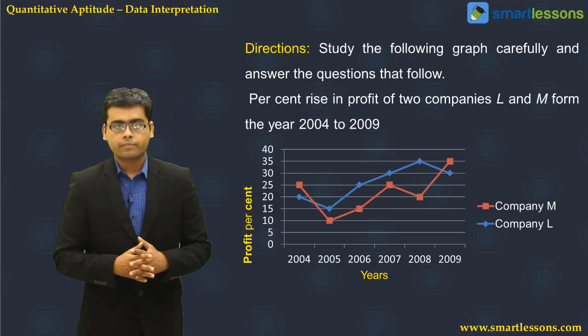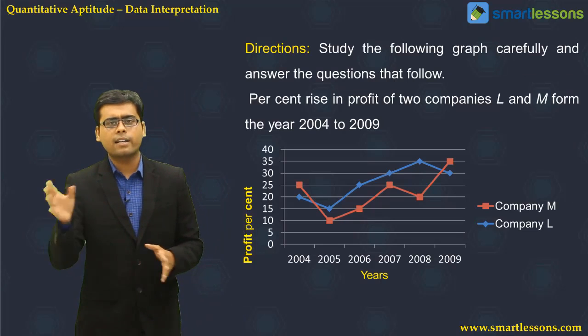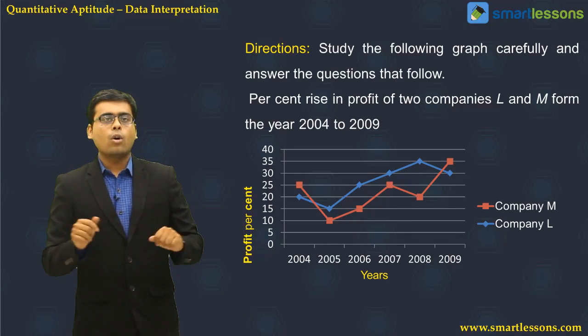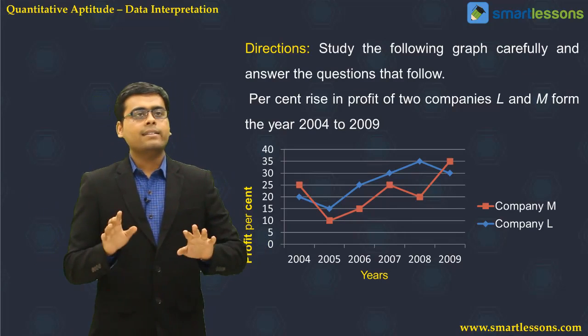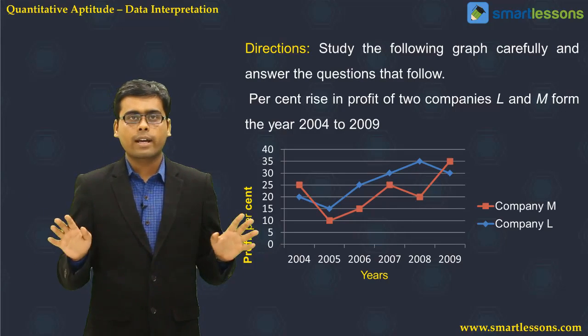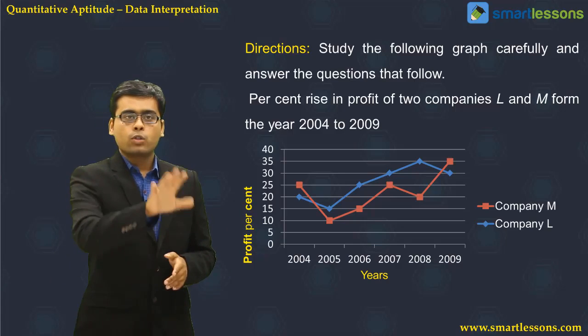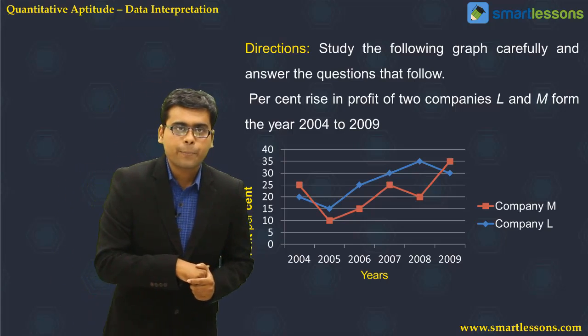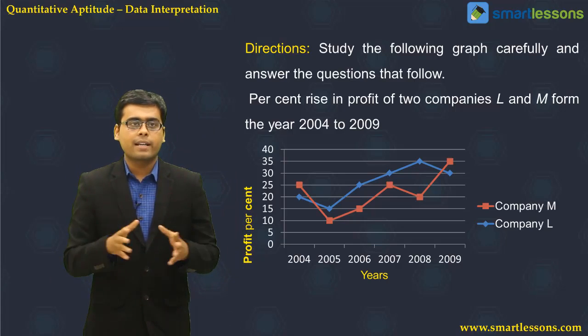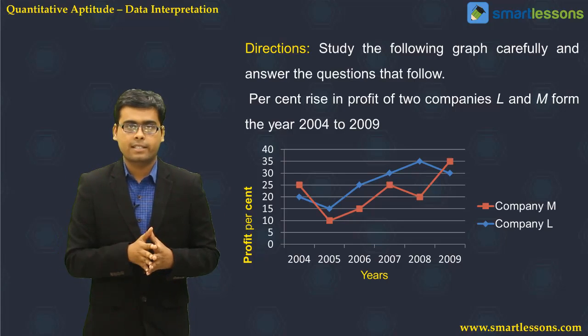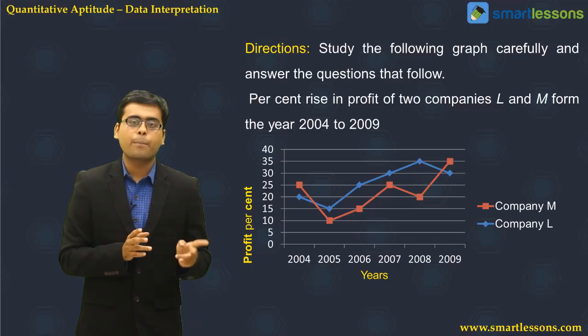Well, now this is another line graph. So, here you can see again the directions are given, that study the following graph carefully and answer the questions that follow. So, what does this graph represent? It represents the profit percent by 2 different companies.